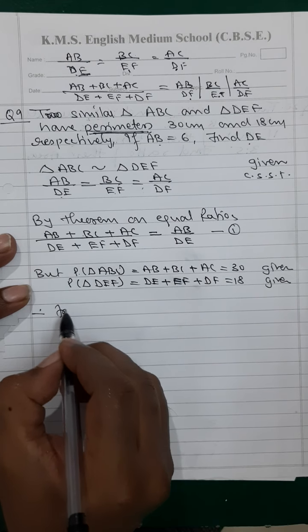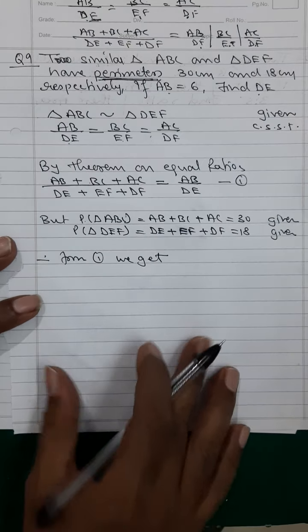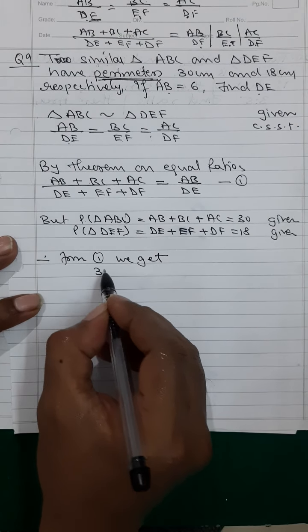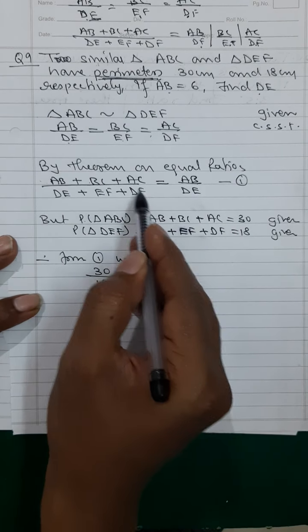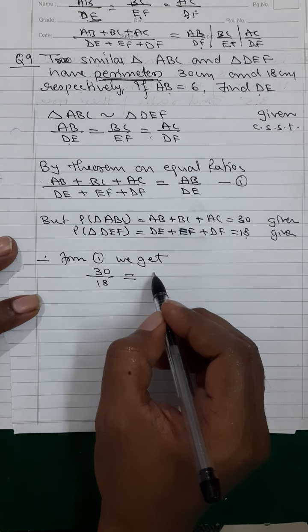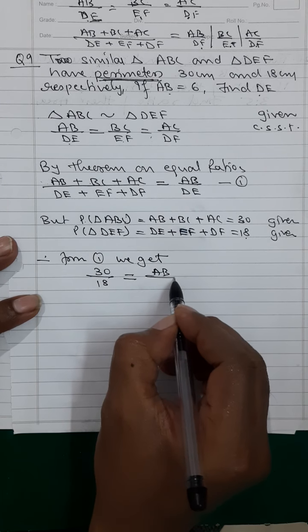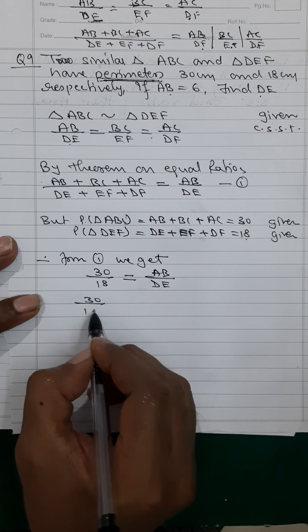Therefore, from 1 we get what? 30 upon 18, right? Instead of this I will write 30, instead of this I will write 18, is equal to AB upon DE. Therefore, 30 upon 18 equals 6 upon DE.